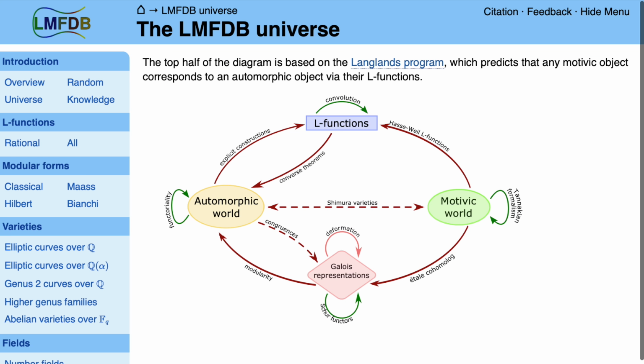Here we see this quite famous picture of the connections between the different worlds entering the Langlands program. On top we have the L functions. L functions can be viewed as independent entities on their own, but often we think of an L function as being constructed from some other object. And these other objects, I like to call them primal objects.